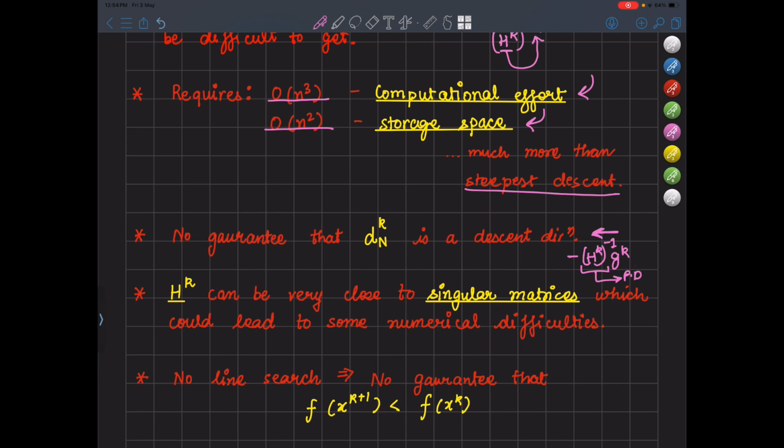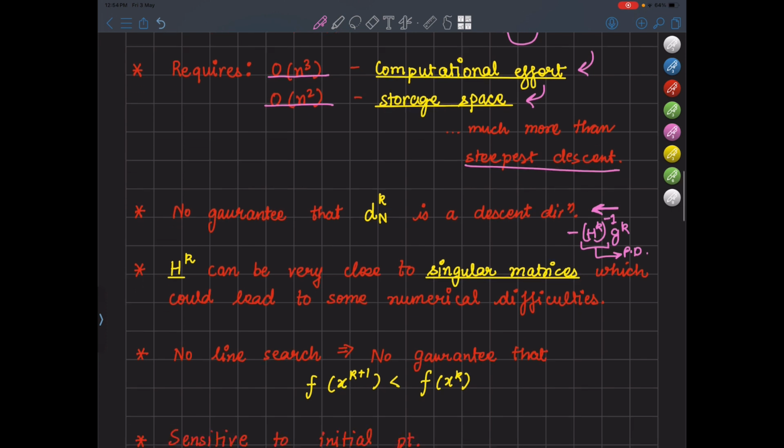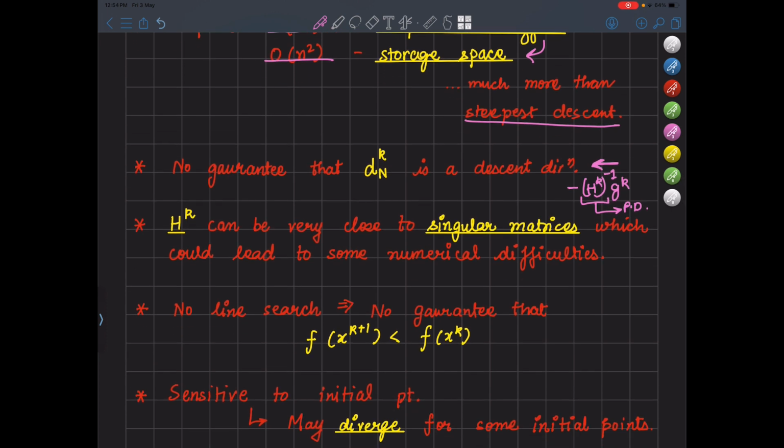So there is no check whether HK is a positive definite matrix or not in this algorithm, and if it is, let's say, a negative definite matrix, and there is no check, then this direction becomes an ascent direction, which is the opposite of what we want. Also, because HK is not in our hands, it can be very close to singular matrices and might lead to numerical difficulties while calculating the inverse of the matrices, which is itself a numerical problem.